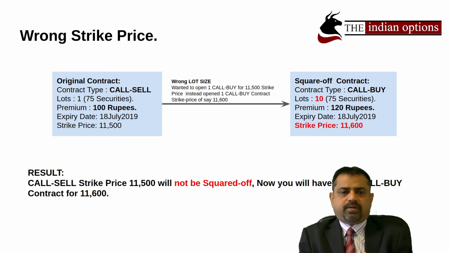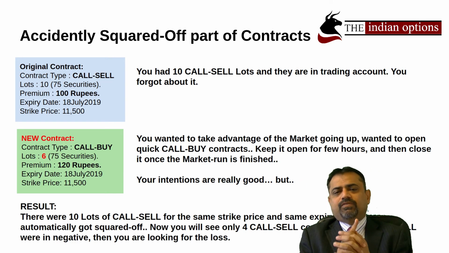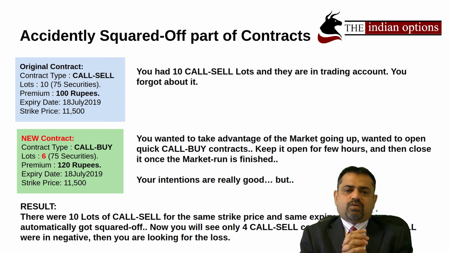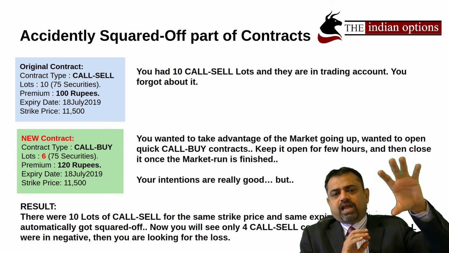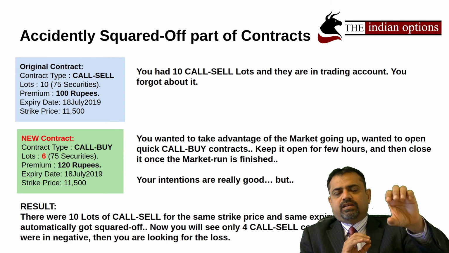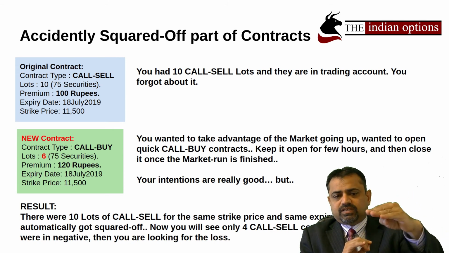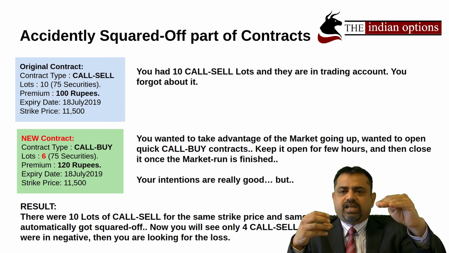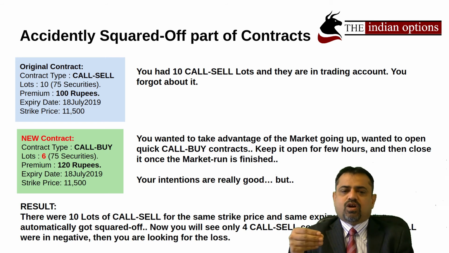So, accidentally square off. Now this thing has happened with me. I already had 10 lots of call sell, and actually I didn't know that I had this, and I accidentally opened a call buy contract, 6 contracts.